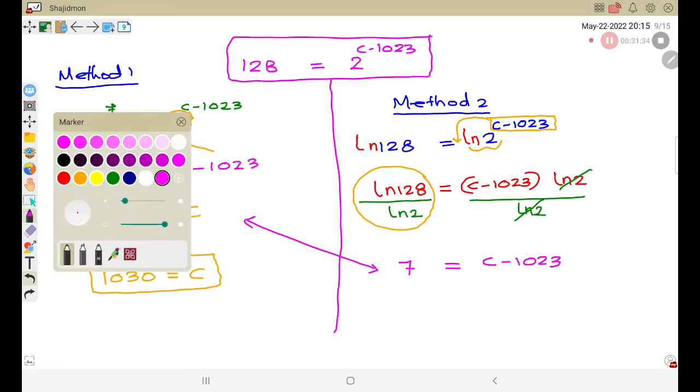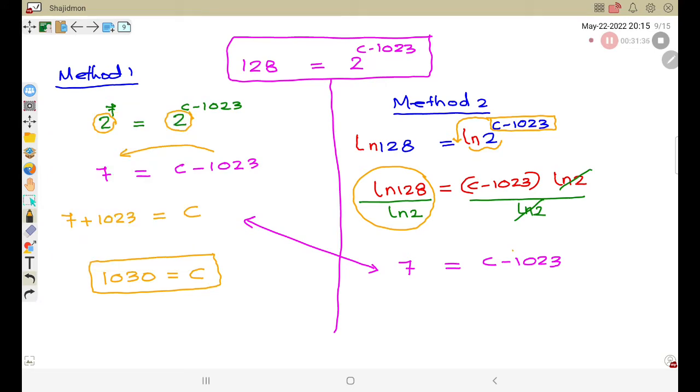Now from this we can find the c number. Taking minus 1023 to the other side, we get c equals 7 plus 1023. That means c equals 1030. Okay, so this is method 2.